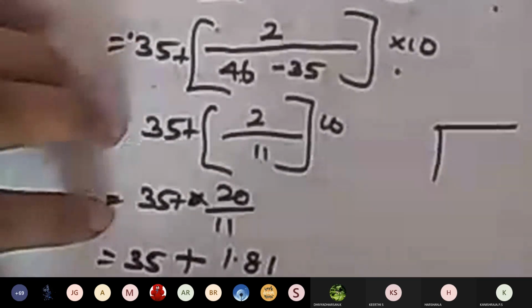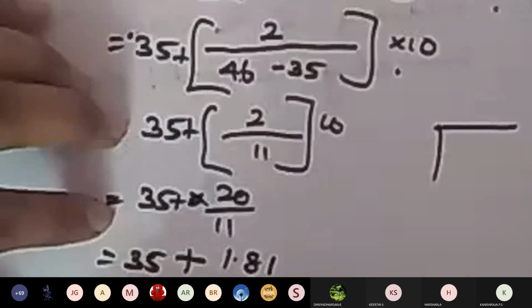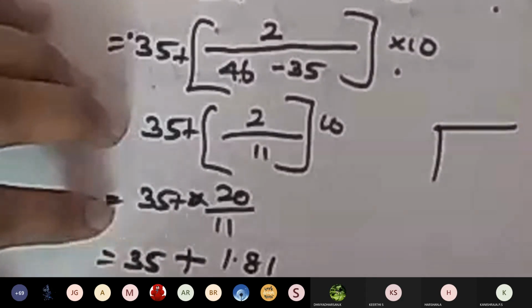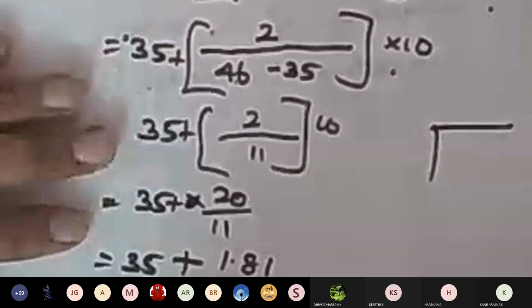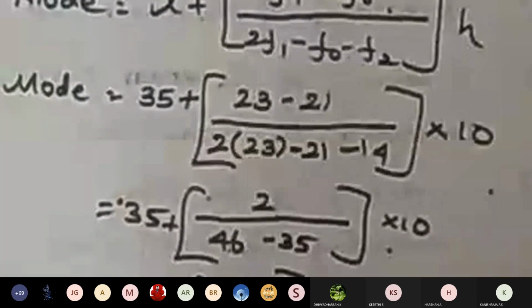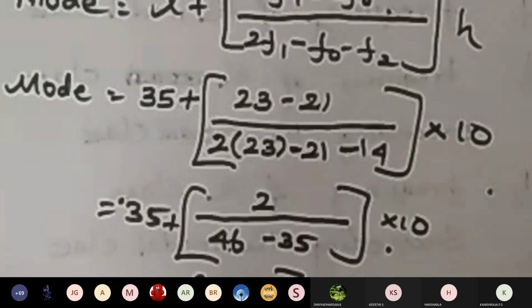Therefore, mode is equal to 36.81. Is it clear? Yes, sir.